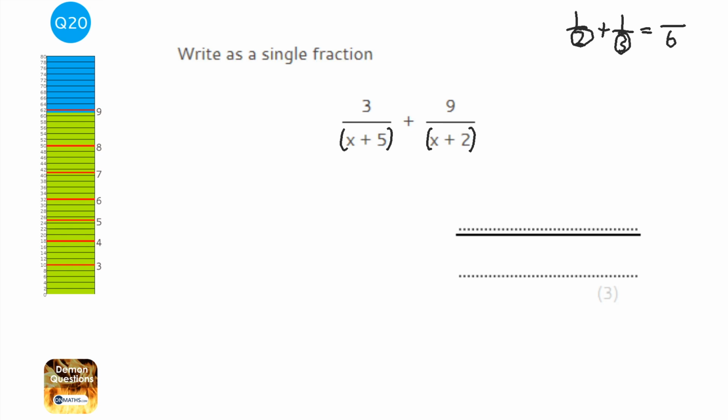So what I want to do is times the left hand side by the right hand bracket and times the right hand side by the left hand bracket.